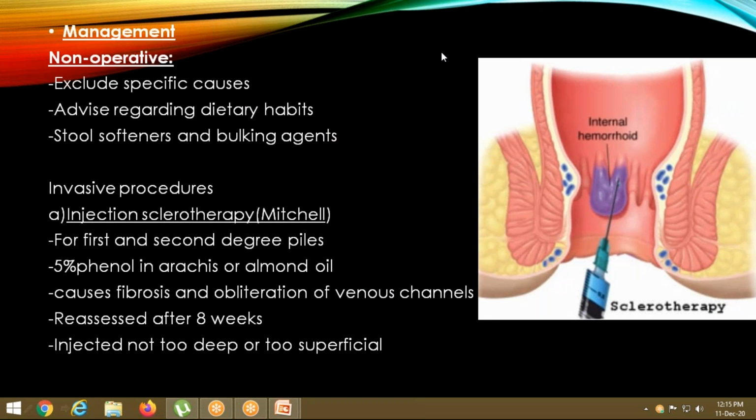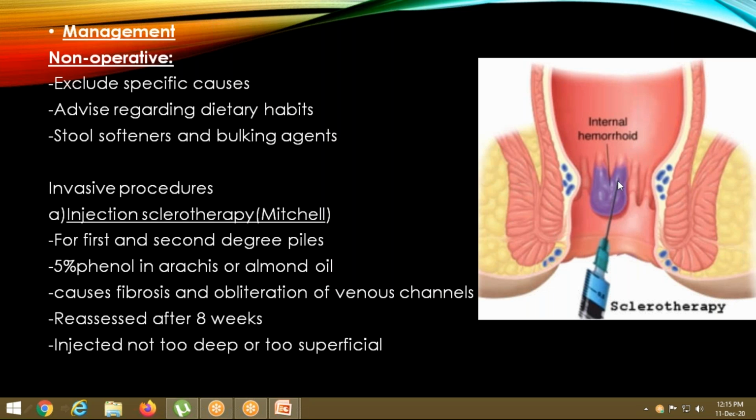You put the patient in the left lateral position or a jackknife position, and you put in an anoscope or a proctoscope. In a 5 ml syringe, you take 5% phenol mixed with arachis oil or almond oil. Here you can see the diagram.